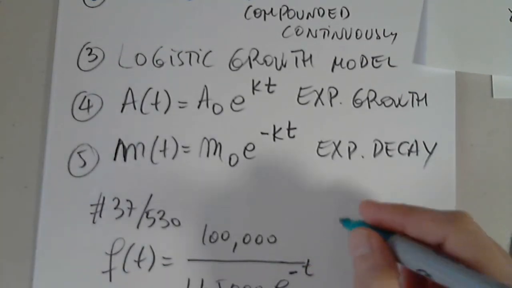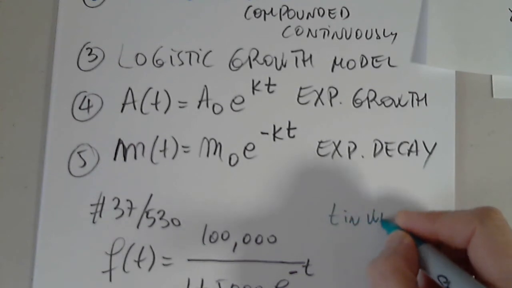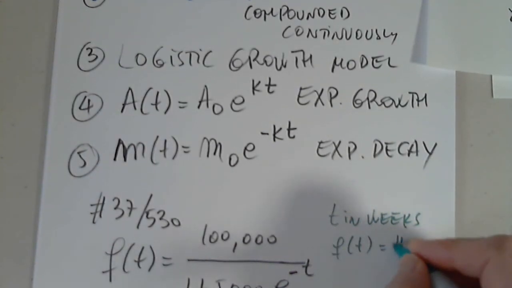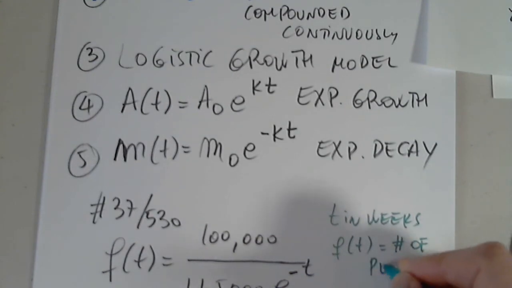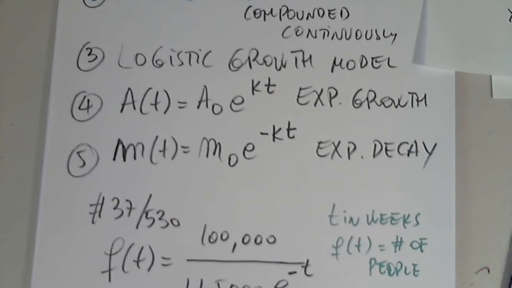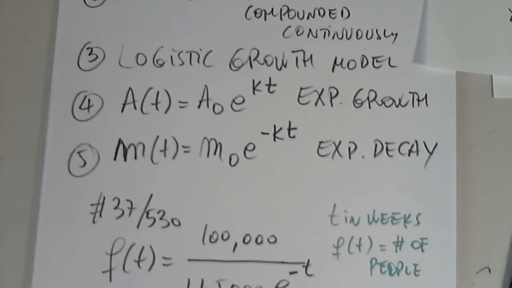So, taking notes, t in weeks, f of t, number of people who got the flu in that community.